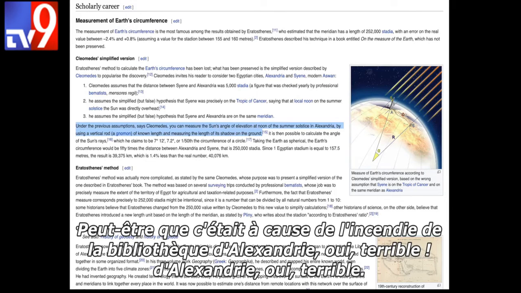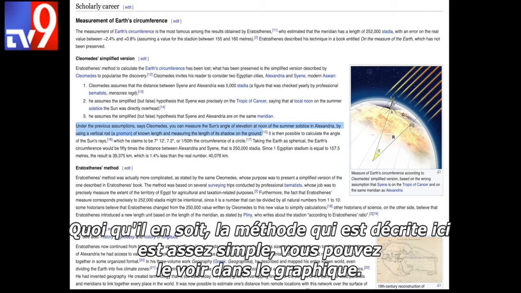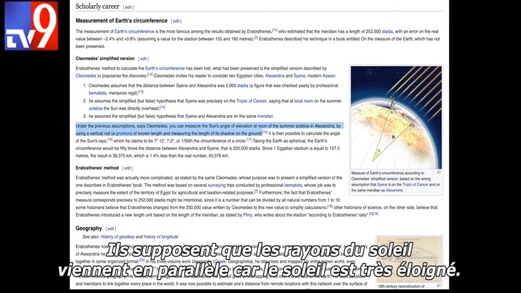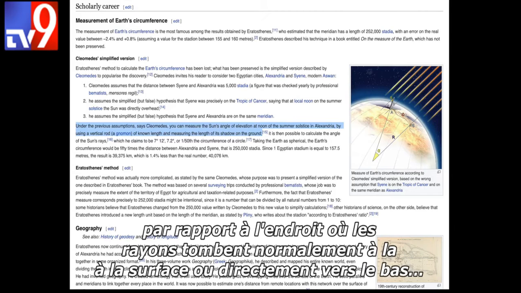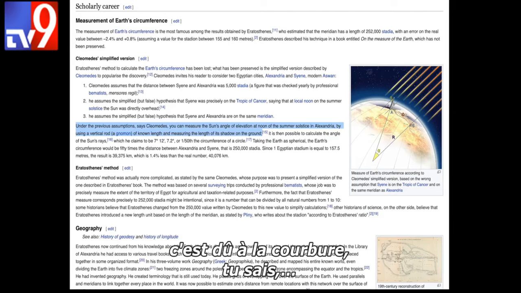Yeah, that's probably because the library at Alexandria burned down. Terrible. Anyway, the method being described there is quite simple. You can see in the graphic. He assumed that the solar rays come in parallel because the sun is really distant, and so any difference in shadows at a different location, relative to where the rays fall normal to the surface or straight down, is all due to curvature.